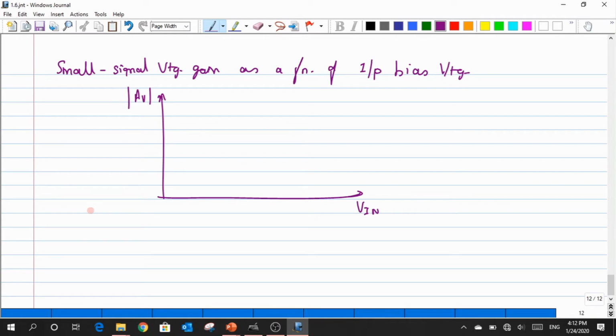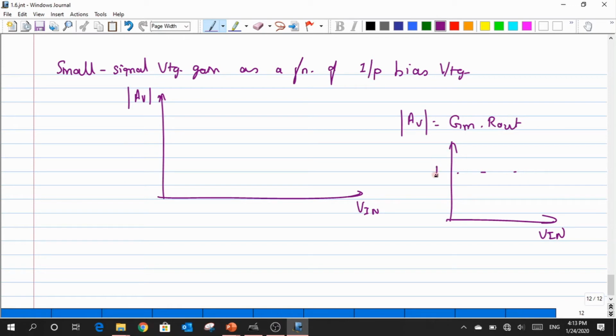Again, what are the concepts that we have learned just before? We can utilize those concepts on this graph, especially the GM that we have studied. We know that the gain is always a product of, okay, let me put, right, and when we plotted this GM versus Vin, for higher values of Vin, what happened to the capital GM?